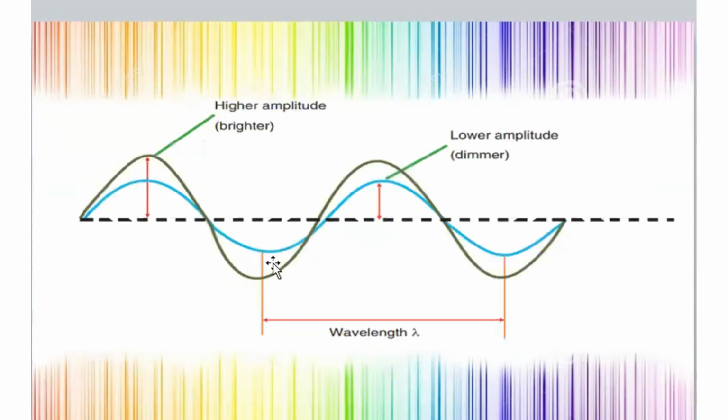This graph contains two waves, the dark green one and the blue one. The blue one has lower amplitude, and the dark green one has higher amplitude. The higher the amplitude, the brighter the rays, and the lower the amplitude, the dimmer the light.